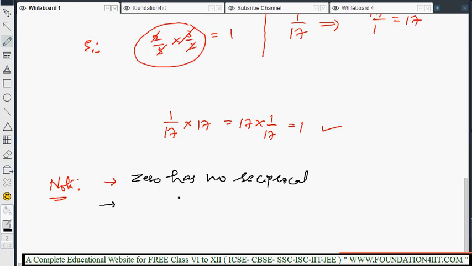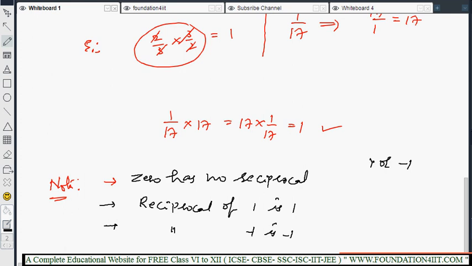The reciprocal of 1 is 1, and the reciprocal of minus 1 is also minus 1 only. These both are the same. That means the numbers whose reciprocal is the number itself are only 1 and minus 1.